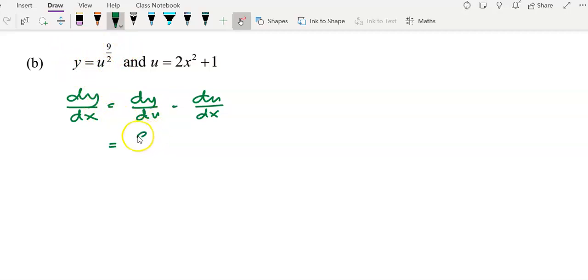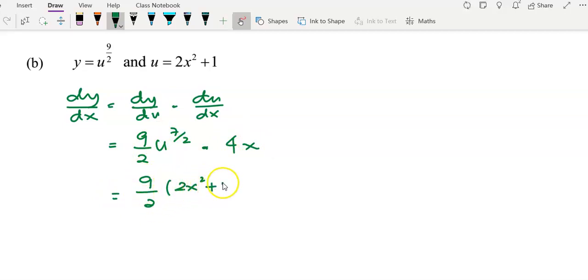Differentiate y with respect to u, you have 9 over 2 u to the power of 9 over 2 minus 1, which is 9 over 2 minus 2 over 2, you get 7 over 2. And multiply by du dx, meaning that you differentiate u with respect to x, you have 4x. Substitute back u in terms of x, you have 2x squared plus 1 to the power of 7 over 2 and multiply by 4x.